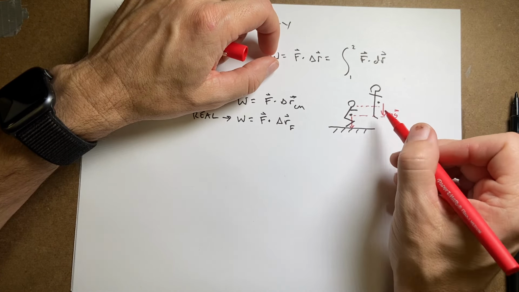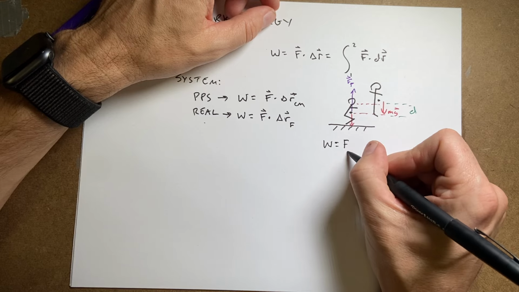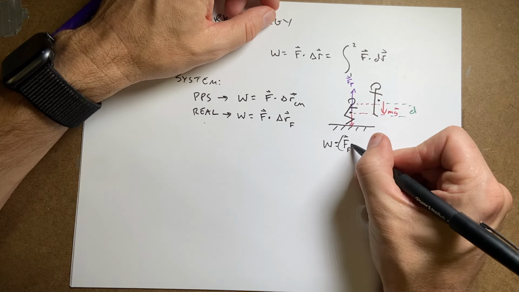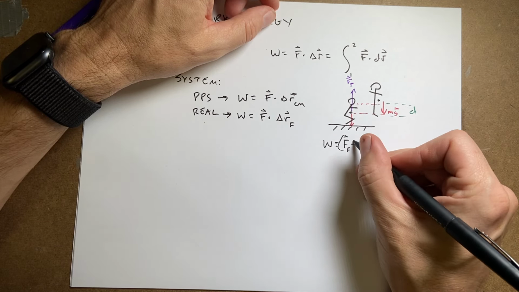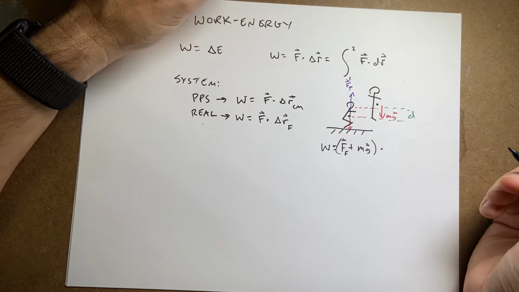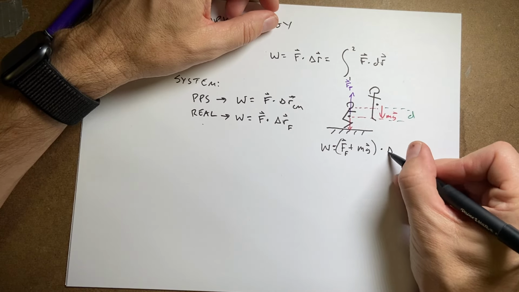And let's call this distance d. That's how far your center of mass moves before leaving the ground. So if I do the point particle system, the work is equal to the force of the floor minus mg, because mg is down, dot delta r.